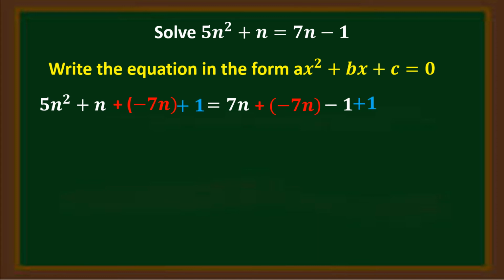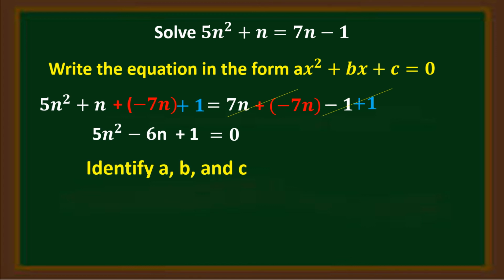Now we'll be simplifying the equation. 7n plus negative 7n is equal to 0, and negative 1 plus 1 is also equal to 0. So the right side will be equal to 0. On the left side, we'll be simplifying n plus negative 7n, and that is negative 6n, giving us the resulting trinomial 5n squared minus 6n plus 1.